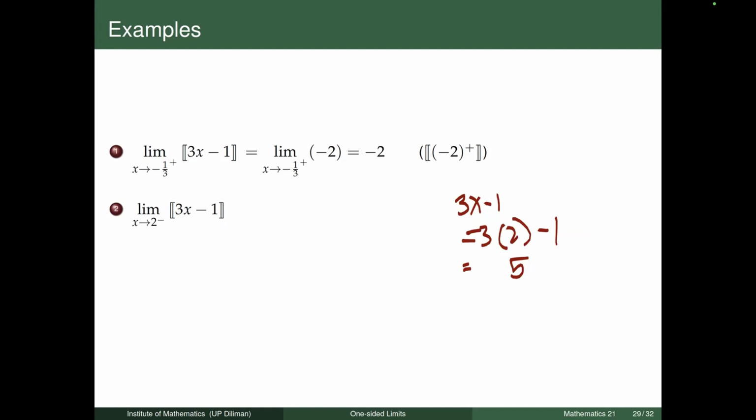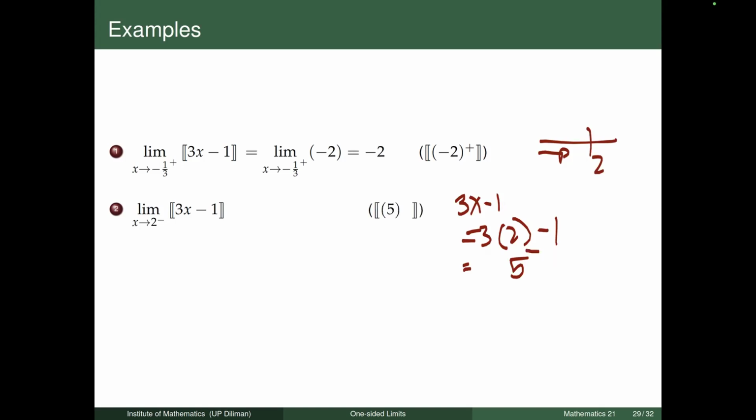If x is approaching 2 from the left, you can actually try values. Will this be greater than 5 or less than 5? Let's say you try 1. So 3 times 1 is 3 minus 1 is 2. So less than 5. So this is approaching 5 through lesser values.